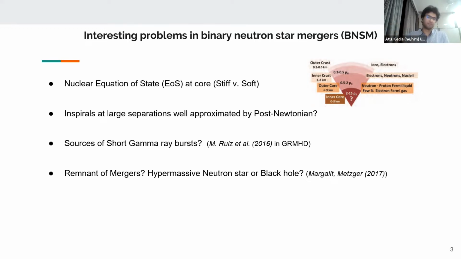And of course, the ejecta is supposed to be the host for r-process nucleosynthesis, a very strong contender.